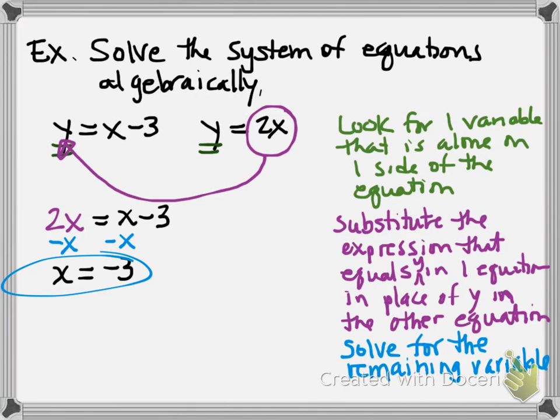So when I write my solution to this system, where do they intersect? I know the x coordinate. How am I going to figure out the y coordinate, though? Somebody else has to be able to give me an answer here. Aaron?